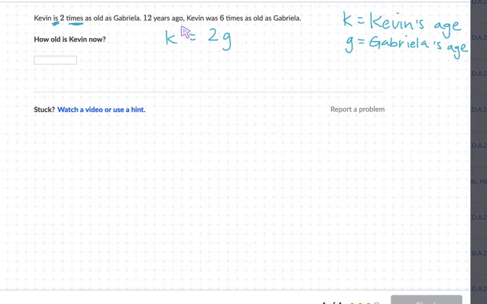The next sentence says 12 years ago, so the key word is ago, which means it happened already. So it means we're going to subtract later on. So let me put the keywords and operations up there. It's 12 years ago, so that's in the past. We're going to have to subtract. Kevin, that's a K, was equal to 6 times as old as Gabriella.